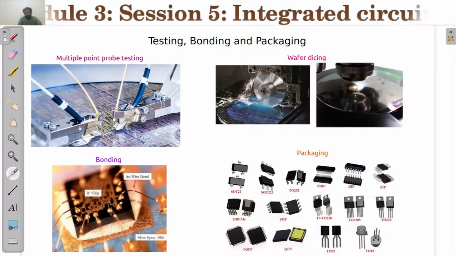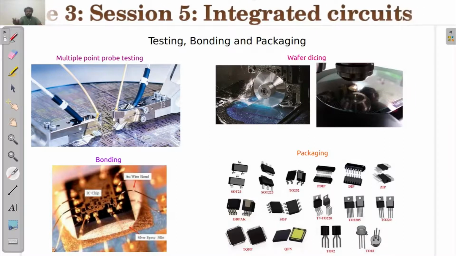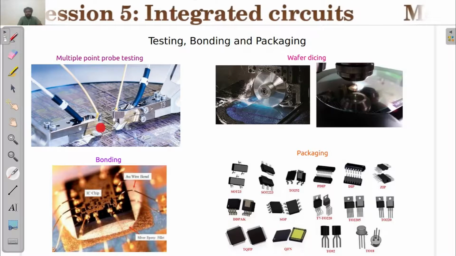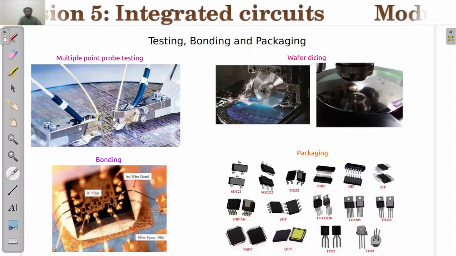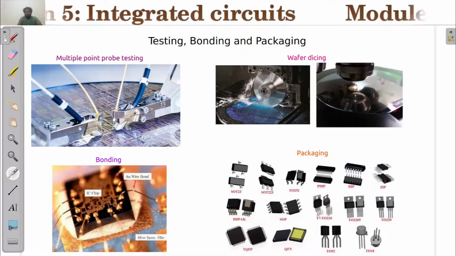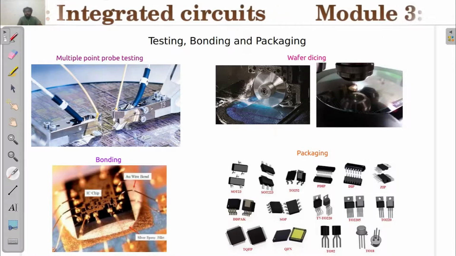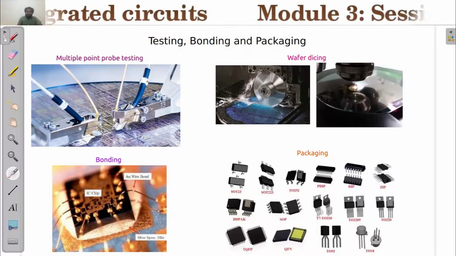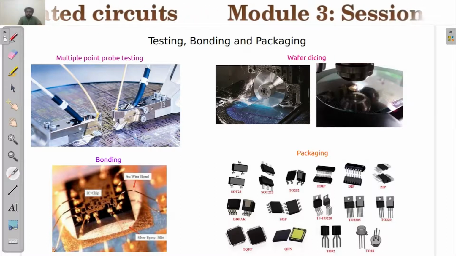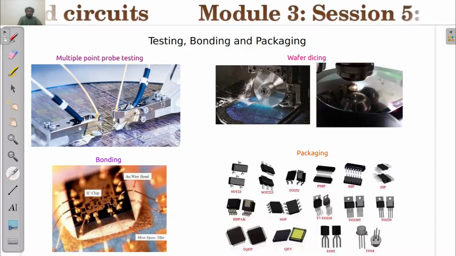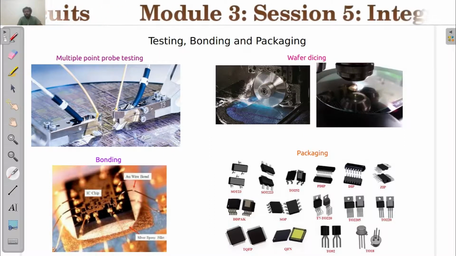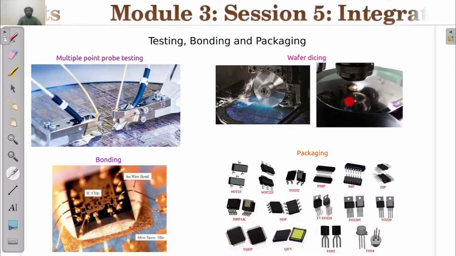And all the regions that pass the test will be identified, and those good quality ones will be separated from the faulty regions in the wafer by the wafer dicing technique, where we will be cutting the wafer into smaller individual IC chips, and that can be done using a diamond cutter or using a laser.